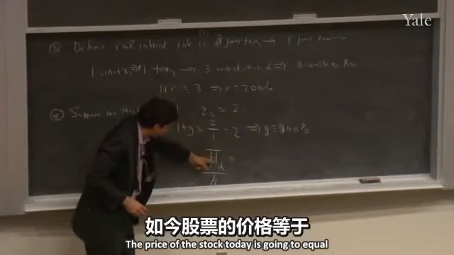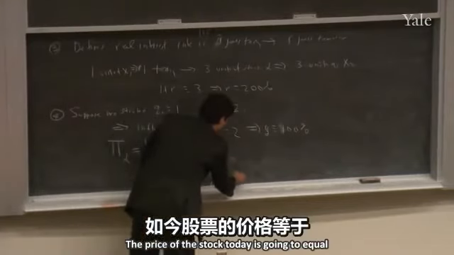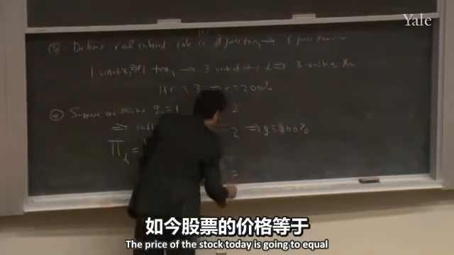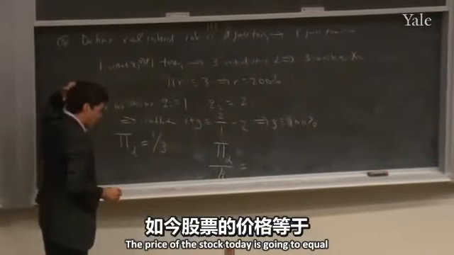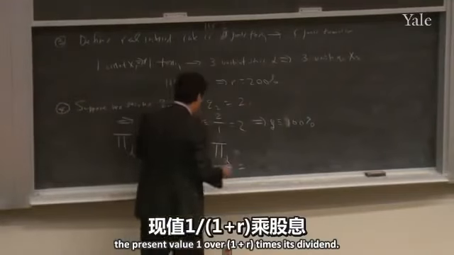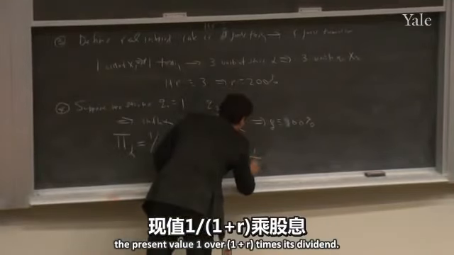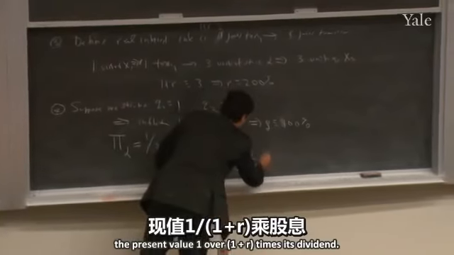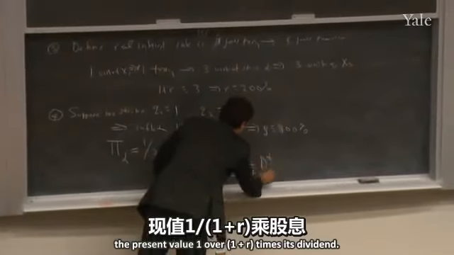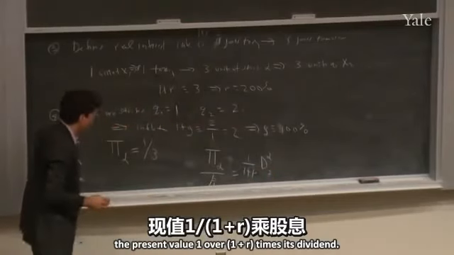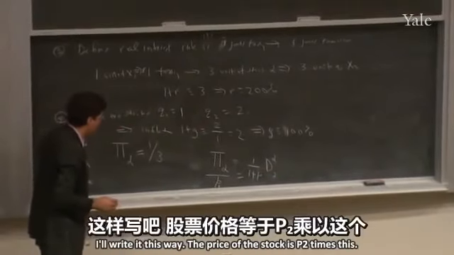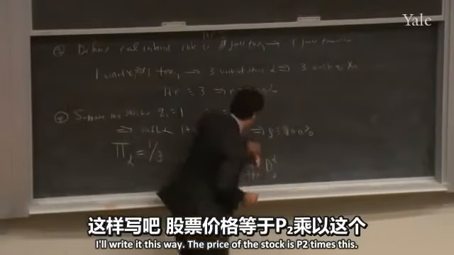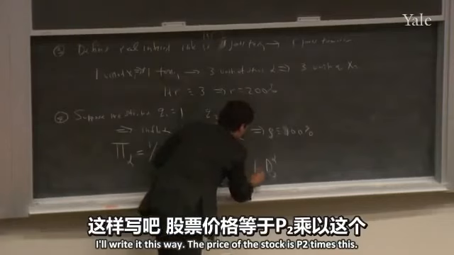So the value of the goods today is going to equal the present value, 1 over 1 plus R, times its dividend. The price of the stock is P2 times this.